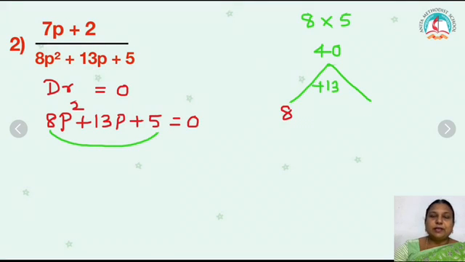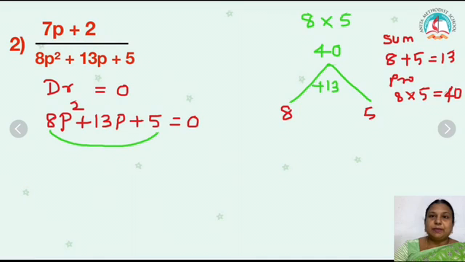So I have taken 8 and 5. If I add, I will get 13, and if I multiply, I get 40. So here 8 plus 5 is 13, and in product, 8 into 5 is equal to 40. So here, what is the coefficient of p squared? 8.